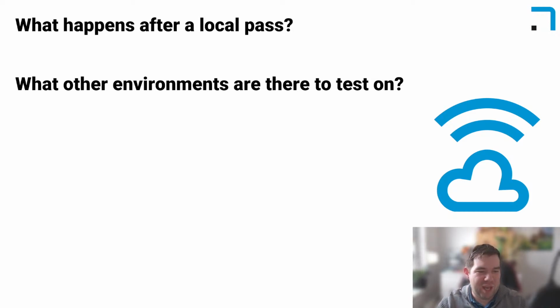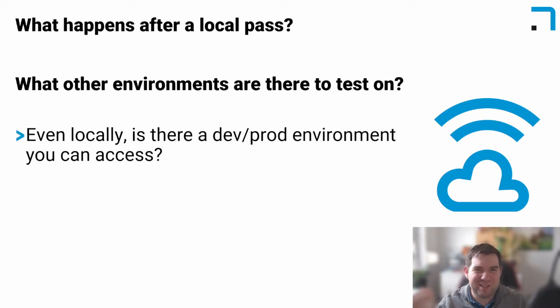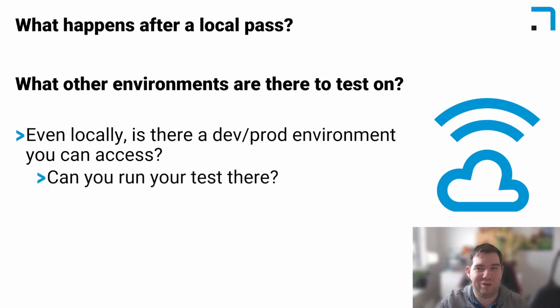So, before we get to any CI/CD pipelines, even locally, is there a dev or prod environment or a QA environment that you can access and run your tests on? Remember, our tests don't just run on QA. Our tests should be part of the entire CI/CD pipeline and process. So, can you access these environments yourself? And can you actually run the tests there as well, even locally on your machine?